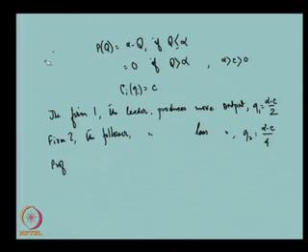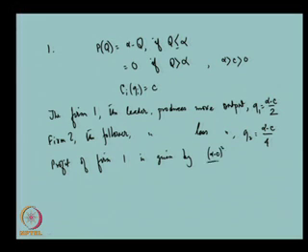This is question number 1. Profit of firm 1 is given by (alpha minus c) whole square divided by 8. Profit of firm 2 is (alpha minus c) whole square divided by 16.